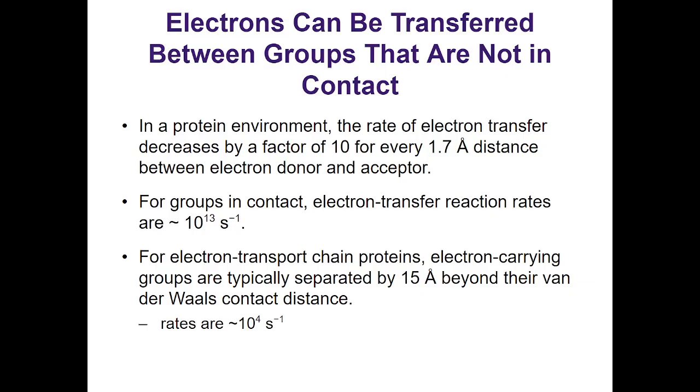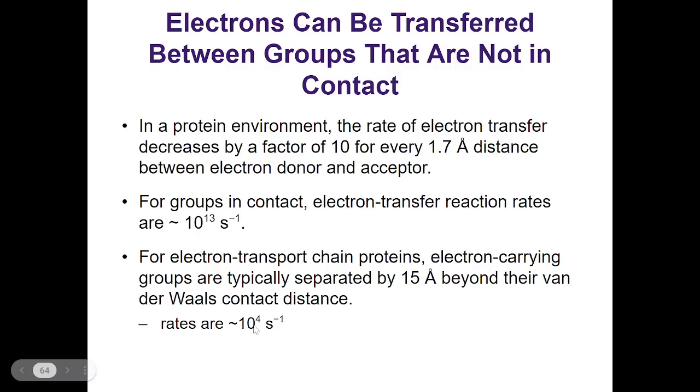So in a protein environment, the rate of electron transfer decreases by a factor of 10 for every 1.7 angstrom distance between the electron donor and acceptor. For groups in contact, the electron transfer reaction rates are going to be approximately 10 to the 13 per second. That means that happens 10 to the 13 times every second, right? Or another way of saying that would be hertz.